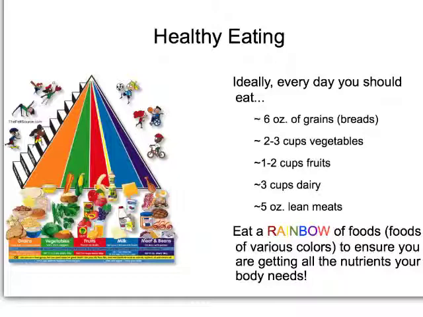If you take a look at that little pyramid there, most of your food should come from grains and vegetables, and very little from meats and sweets and all that stuff. If you're not eating as many vegetables as you should be, then try to eat more. Eat a rainbow of foods to ensure you're getting all of the vitamins and minerals for your body.